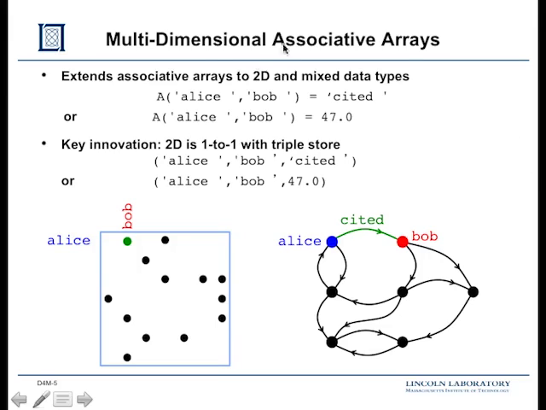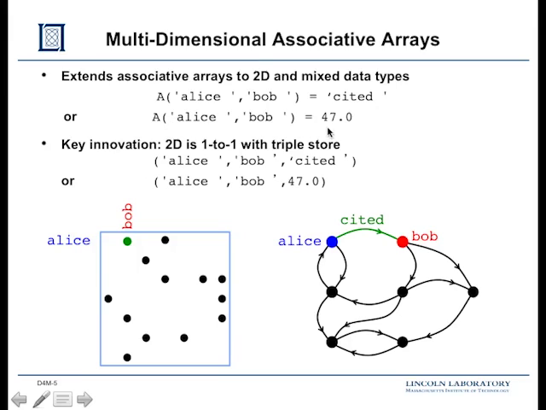We can think about data as associative arrays, as arrays that are indexed by words. This is similar to hashes of hashes, where we can have row keys that are words and column keys that are words, and then values that are words or numbers.